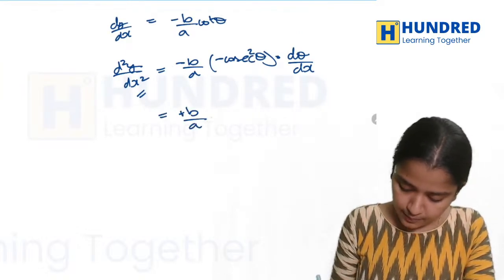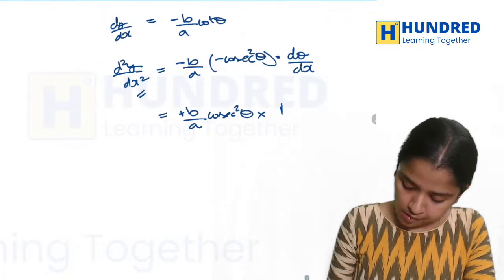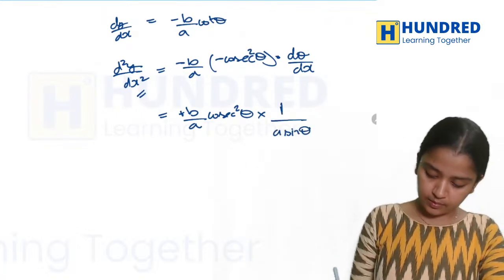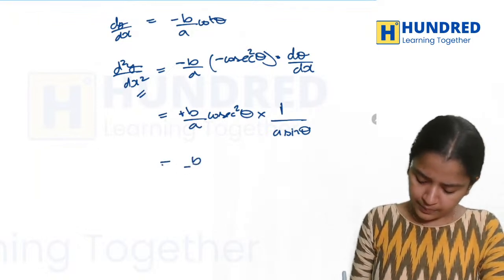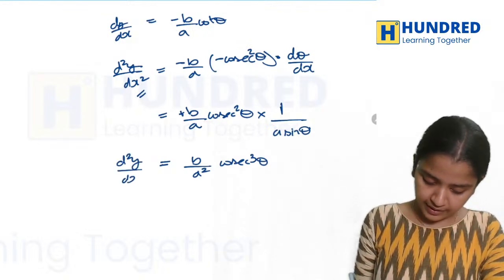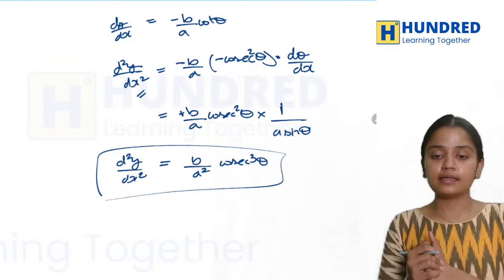Plus b by a cosecant square theta into 1 by a sin theta. So இப்படிதான் இருக்க போகுது. So basically b by a square cosecant cube theta. So இதுதான் d square y by dx square. So this will be my final answer.